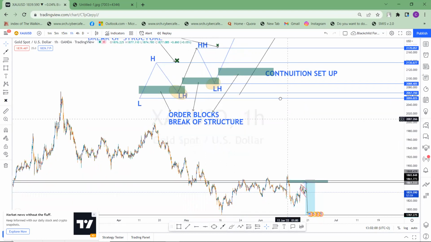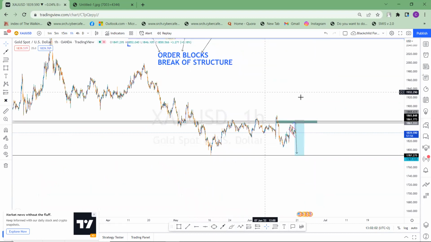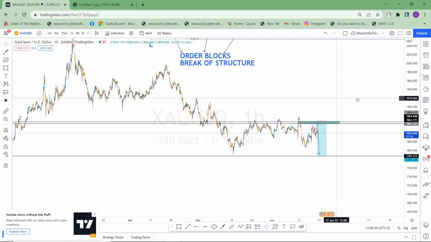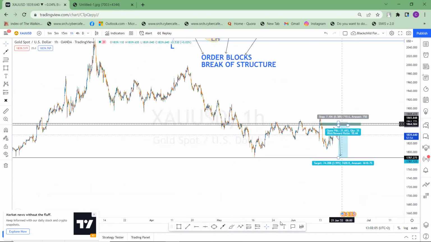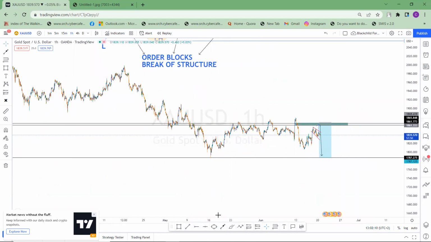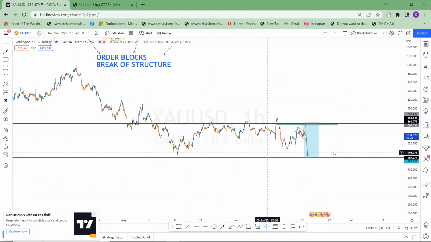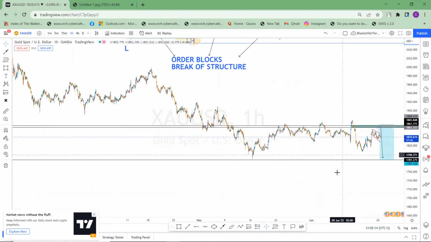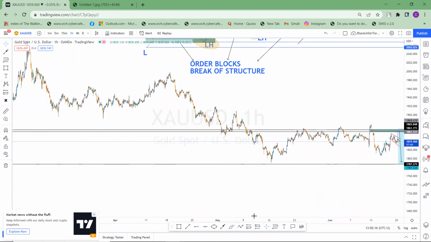So now let me take you on the charts to show you what we are actually looking at. I'll give you this example of a trade that I took. I won't even go far.